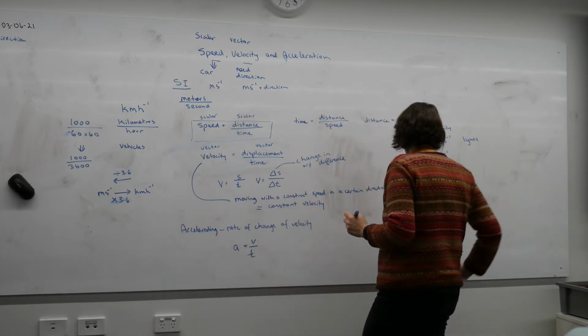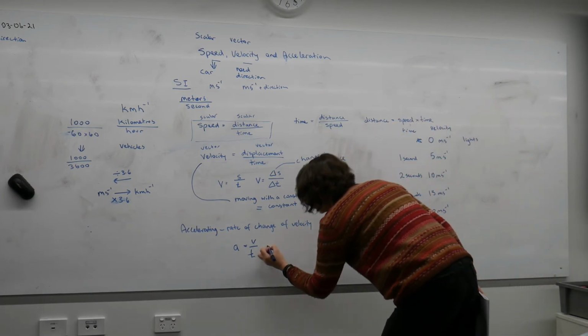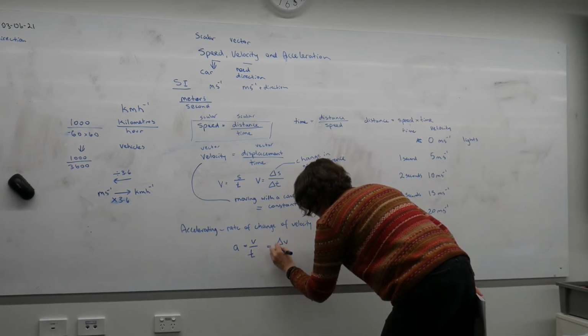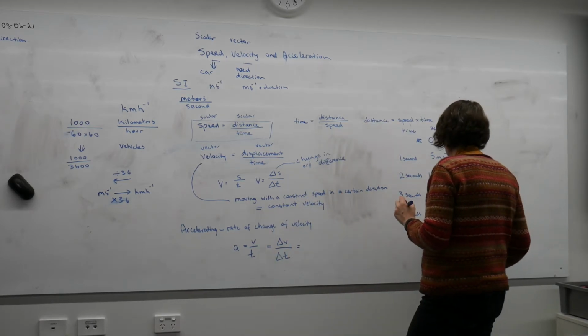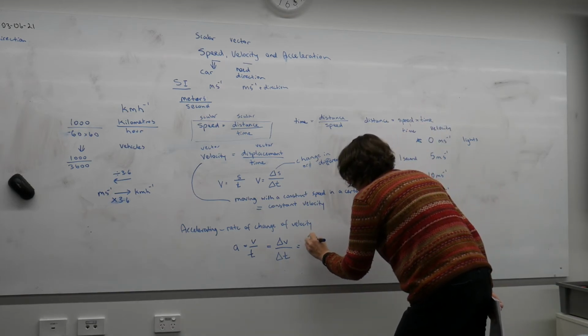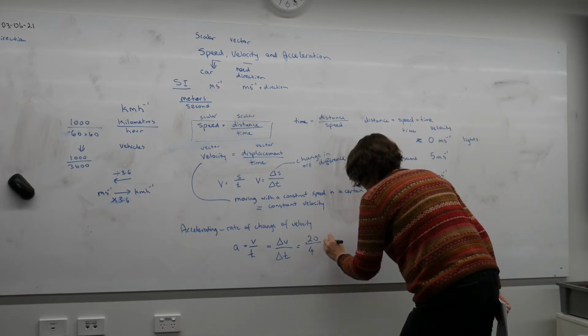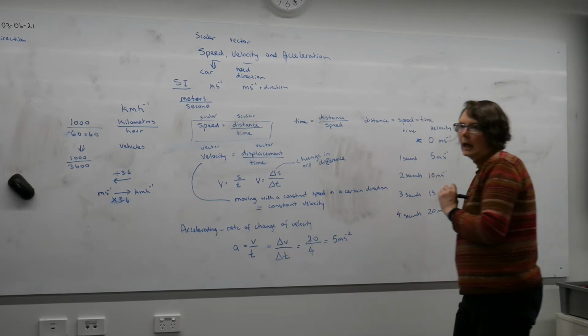And if we took this example here, we would say that our acceleration, we accelerated from 0 to 20 over 4 seconds, gives me an acceleration of 5 meters per second squared.